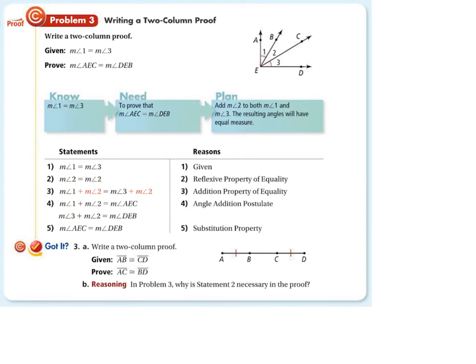Okay? And since we have this statement here in line 3 that the measure of angle 1 plus the measure of angle 2 is equal to the measure of angle 3 plus the measure of angle 2, then what we can do is in this right here, where we have these two together, we know that from step 4, this is what's equal to this plus this. So we're going to substitute for this, we're going to put in this.